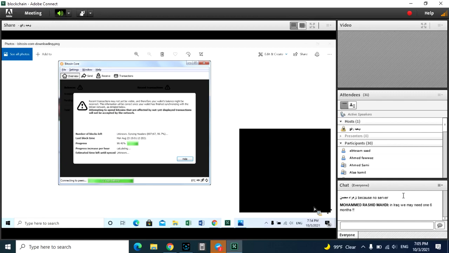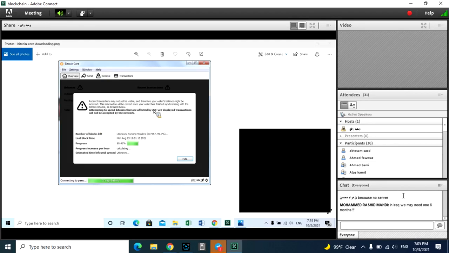As I said, with a very fast internet, for me it took 12 days for downloading all the blocks. However, after buying Bitcoin, when you receive transactions, you can create transactions by this Bitcoin Core. But this software is just a client, okay?